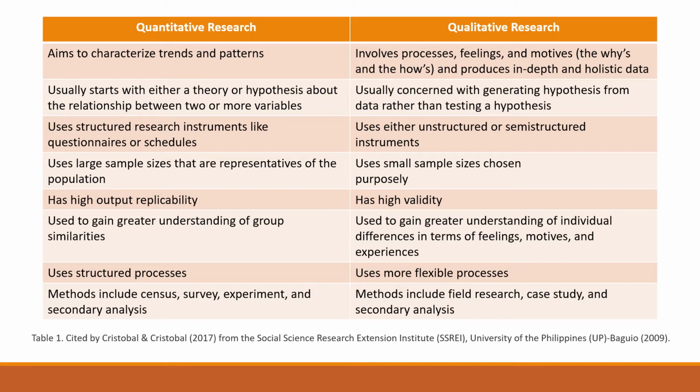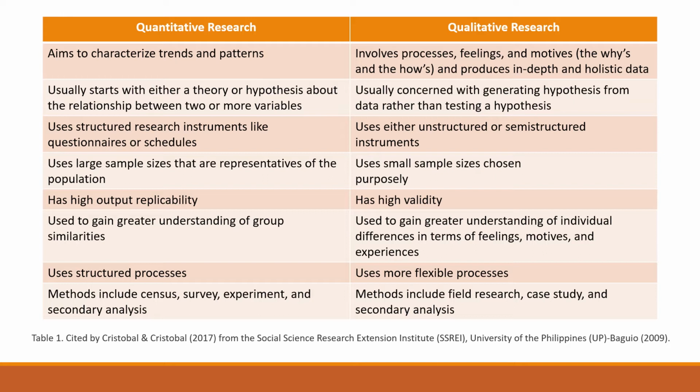It uses large sample sizes that are representatives of the population. It has high output replicability. It is used to gain greater understanding of group similarities. It uses structured processes. Its methods include census, survey, experiment, and secondary analysis.